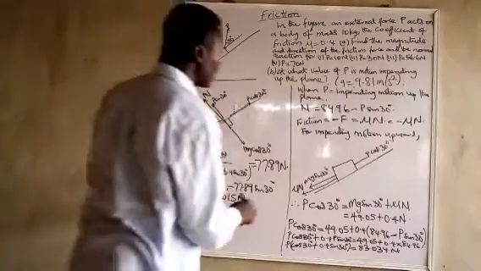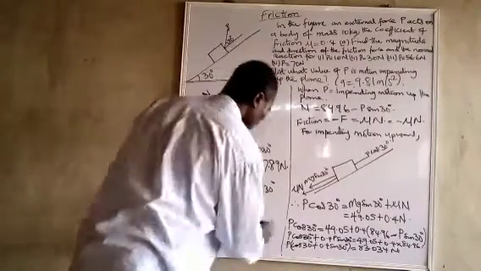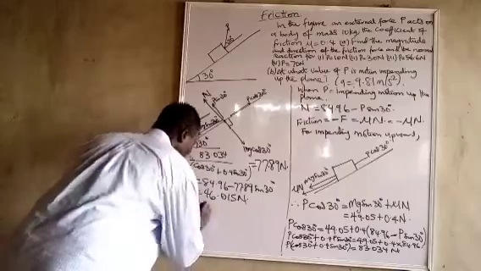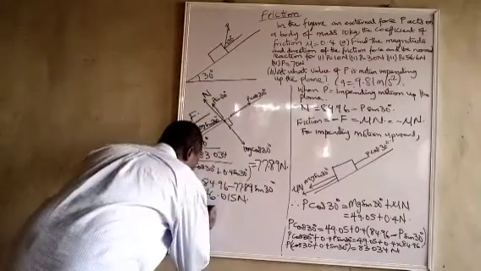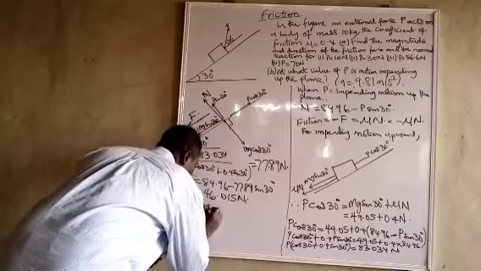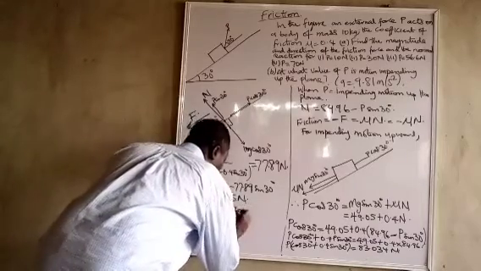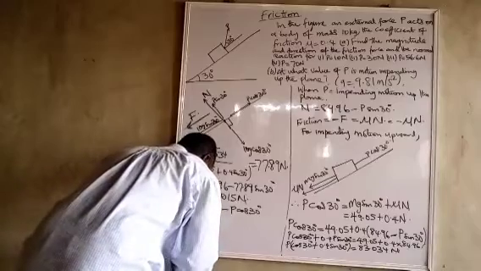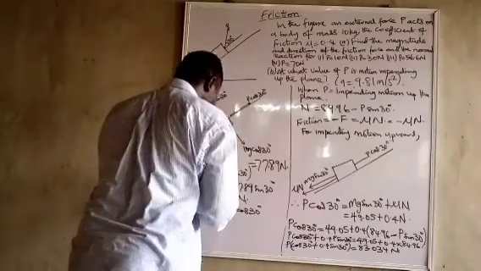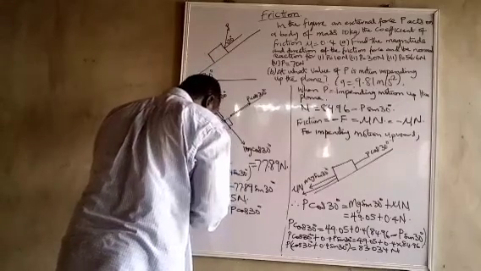Let's see our F. F is the force along the horizontal: 49.05 minus P cos 30 degrees, which is 49.05 minus 77.89 cos 30.